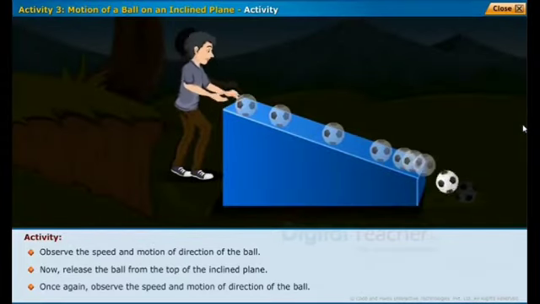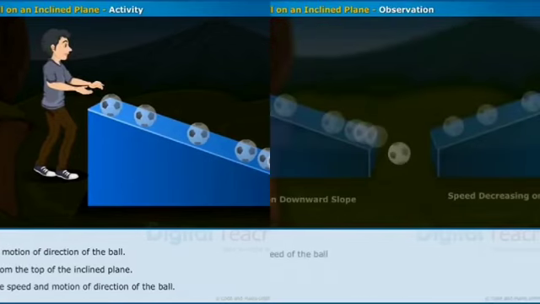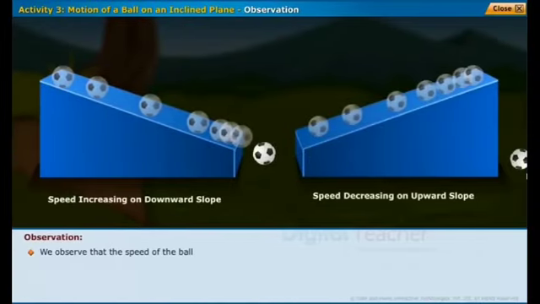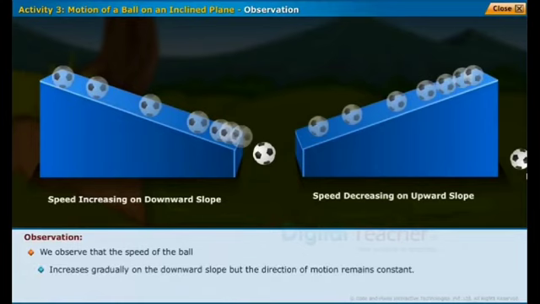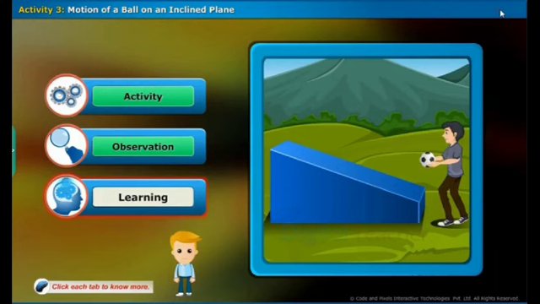Here, once again observe the speed and direction of motion of the ball. From this, what do we observe? We observe that the speed of the ball increases gradually on the downward slope, but the direction of motion remains constant. It decreases gradually on the upward slope, but the direction of motion remains constant.